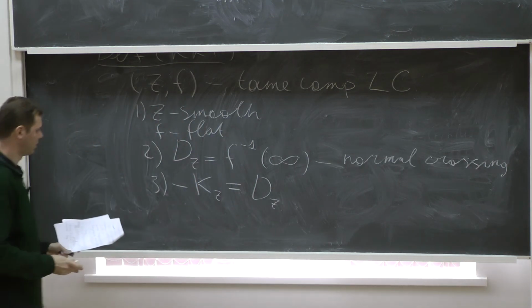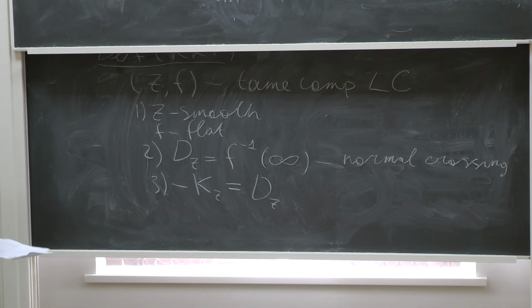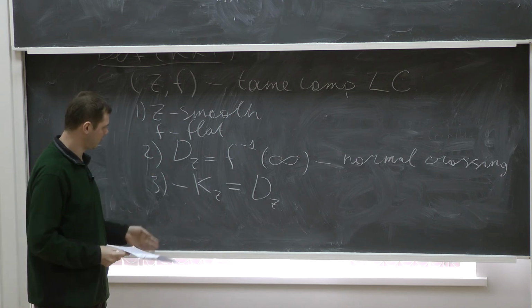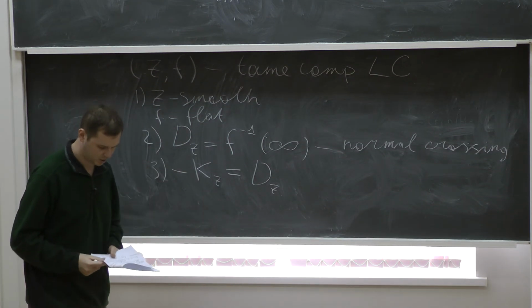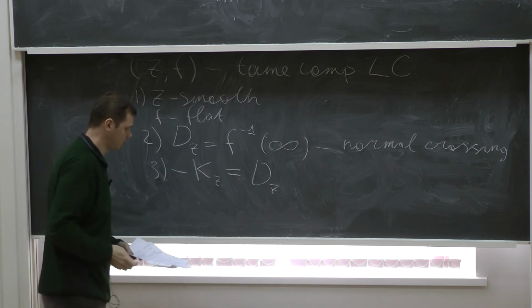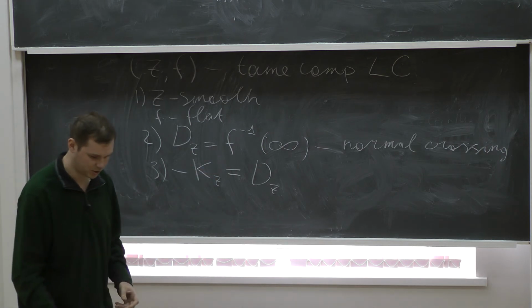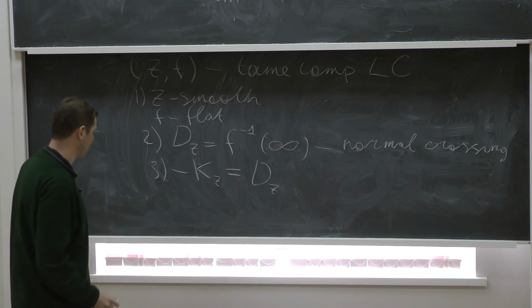This means that a generic fiber over a generic point is a smooth Calabi-Yau variety by adjunction.